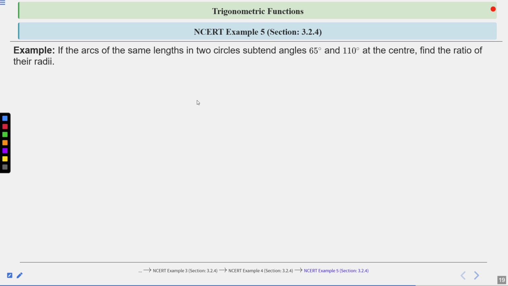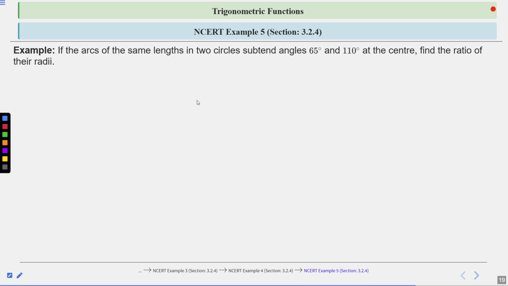Now, this example. If the arcs of the same length in two circles subtend angles 65 degrees and 110 degrees at the center, then find the ratio of their radii. In simple language, you have two circles. In one circle, you are making your central angle of 65 degrees.